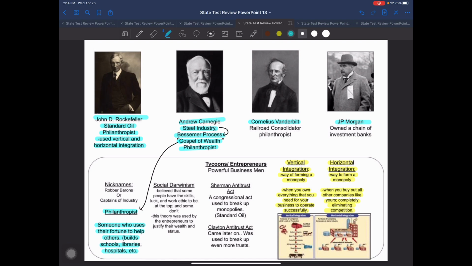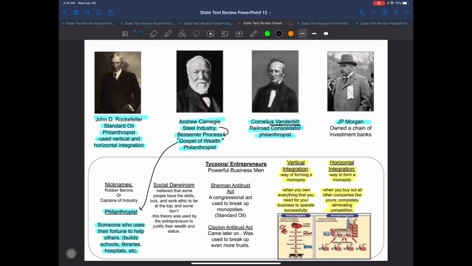Cornelius Vanderbilt, okay, he is a railroad consolidator. He's also a philanthropist, and kind of proof of his philanthropy: the only reason that we have the college Vanderbilt is that a lot of its initial funding came from Cornelius Vanderbilt himself.